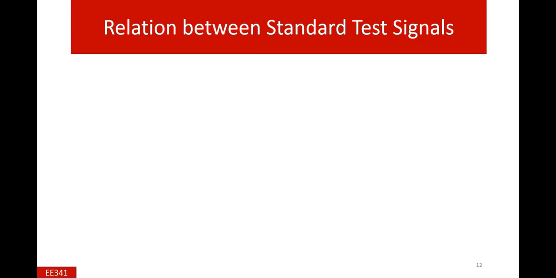These test signals are actually related to each other in a given pattern. For example, this is the impulse, and for unit impulse a is equal to 0, and it exists only at a single time. In this case it is time equal to 0, otherwise its value is 0.